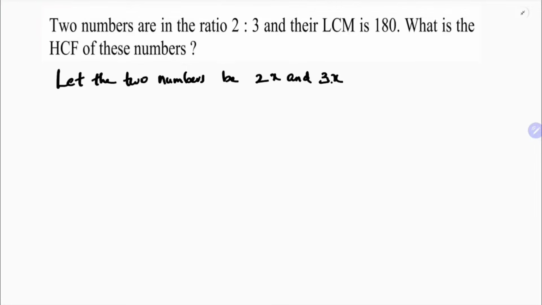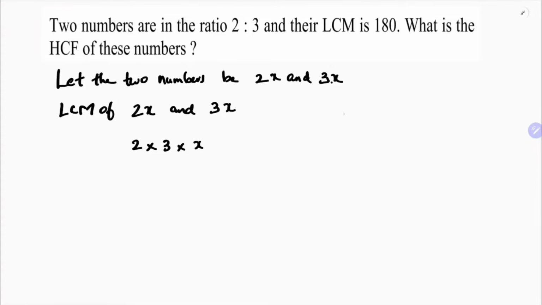If the numbers are 2x and 3x, then the LCM of 2x and 3x is 2 into 3 into x.